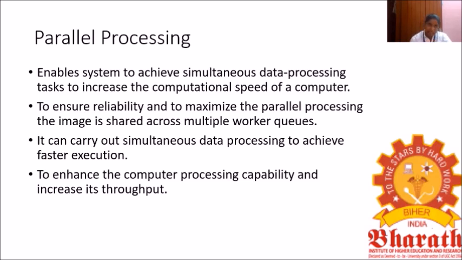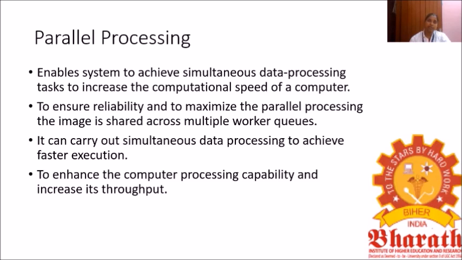It also helps ensure reliability, and it can maximize parallel processing by sharing the image across multiple worker queues. That is, the sharing process is done so that parallel jobs can be allocated. It can carry out simultaneous data processing to achieve faster execution.